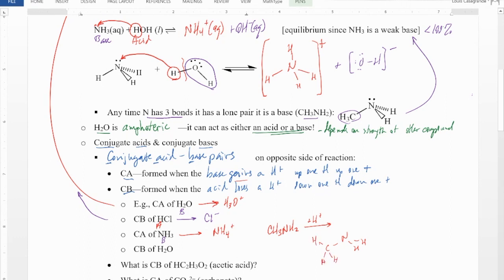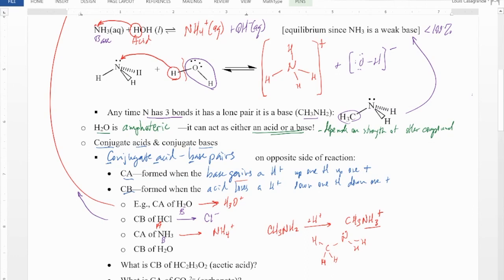There's no place on that carbon to put a proton, but there is a place on the nitrogen to put a proton. And so when we have these, we're always going to add the proton to the nitrogen and make CH3NH3 plus. Don't make it CH4NH2 plus.